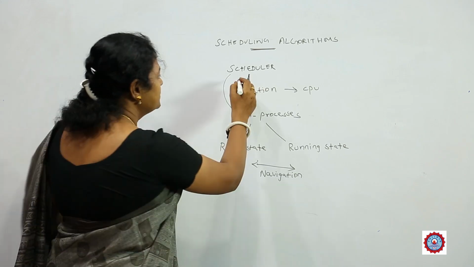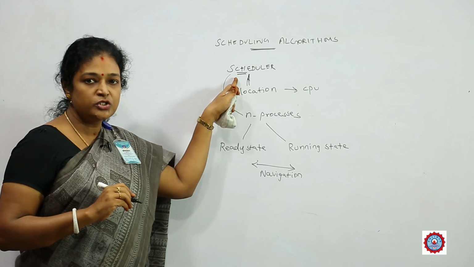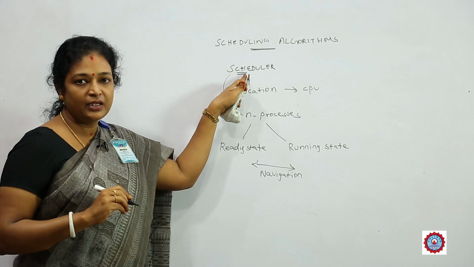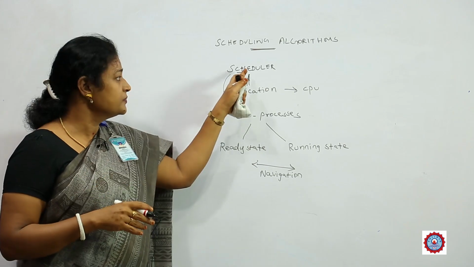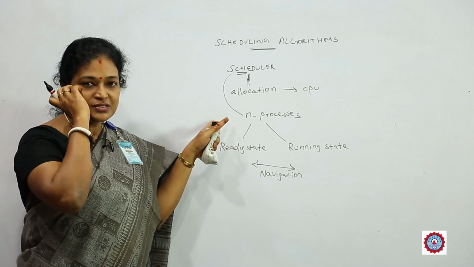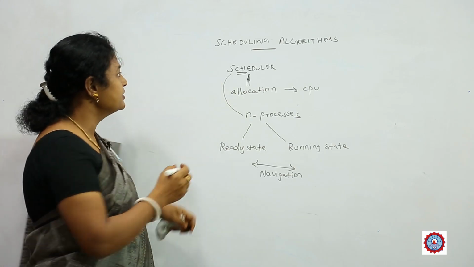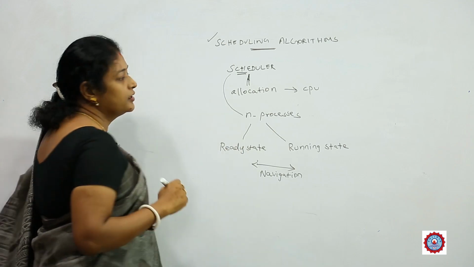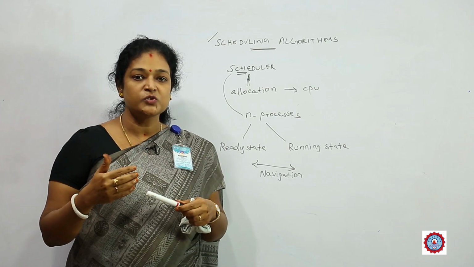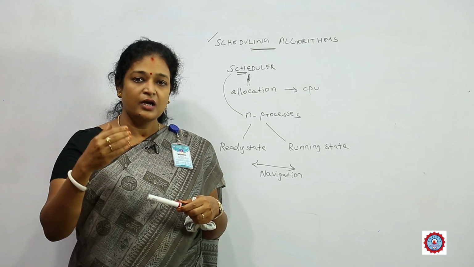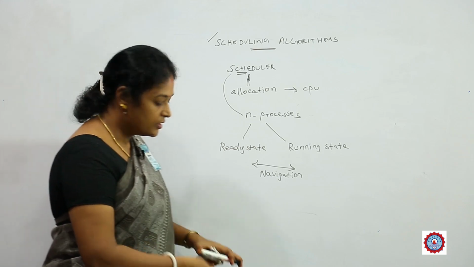For this, the scheduler chooses some types of algorithms based on some concepts, and these algorithms are defined as scheduling algorithms. So, there are various types of scheduling algorithms and we are going to see them one by one. Clear?